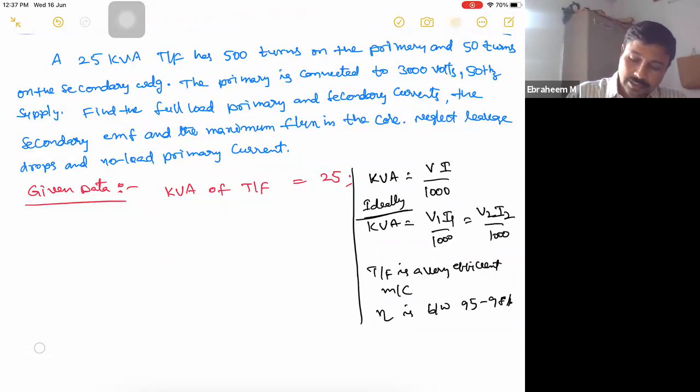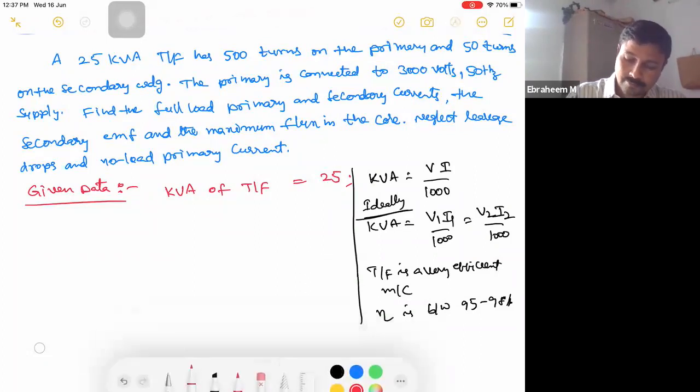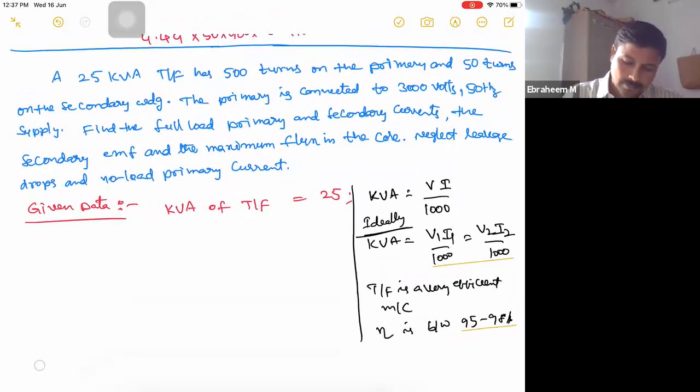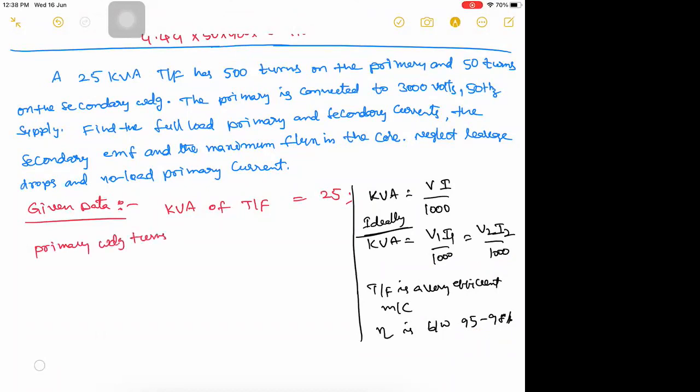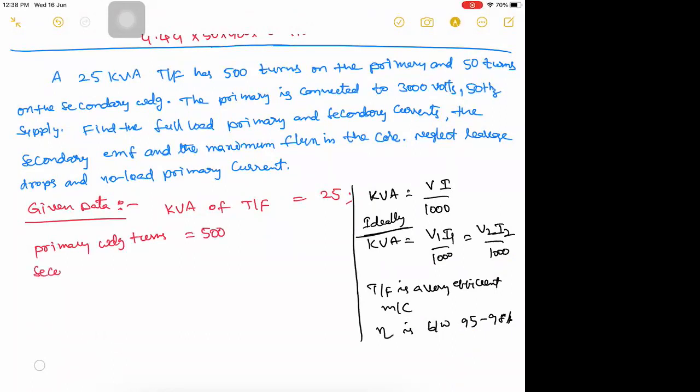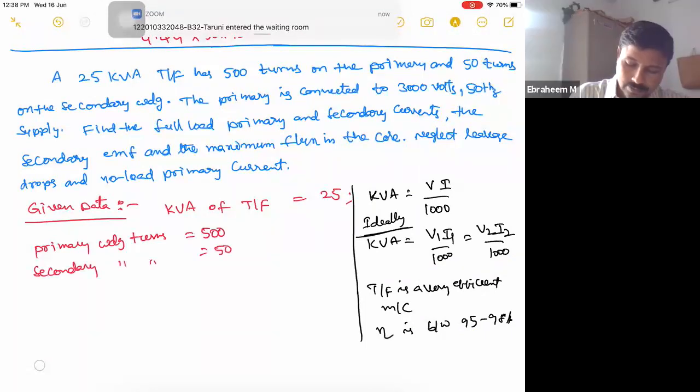Next, what is the next data given? Primary turns and secondary turns. Primary winding turns is 500. Secondary winding turns is equal to 50.